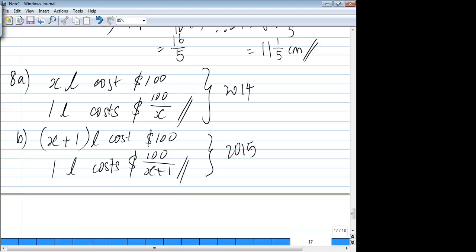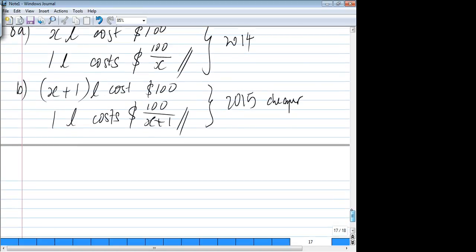I don't need to label, I'm just telling you, to make it clear for you. So now, we said that in 2015 it is cheaper, right? This is cheaper. And the price difference is 0.04 cents. So the bigger value minus the smaller value is equal to 0.04.